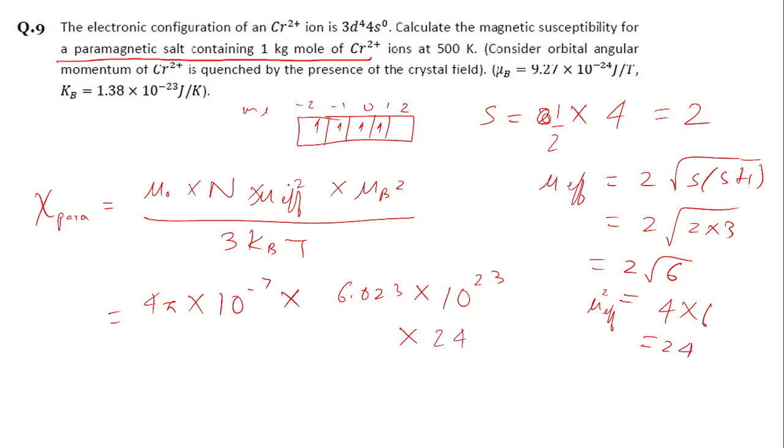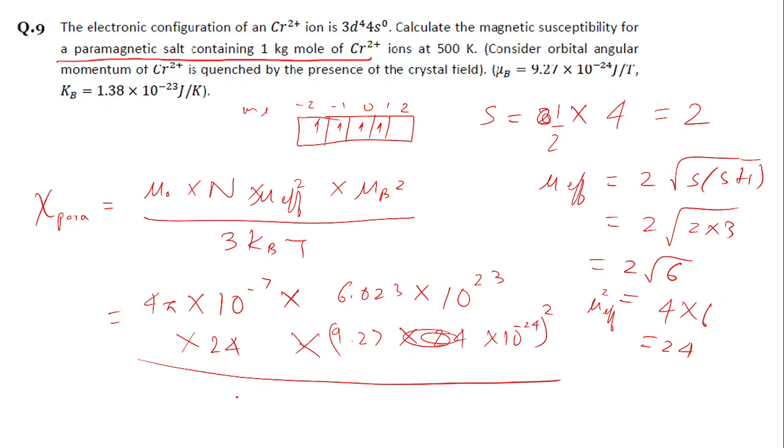Oh, sorry, this is in formula, this is also in square, and then square of this Bohr magneton, 9.27 times 10 to the power minus 24 whole square, and in denominator we have 3 times kB. kB is 1.38 times 10 to the power minus 23, and temperature, at 500 Kelvin.